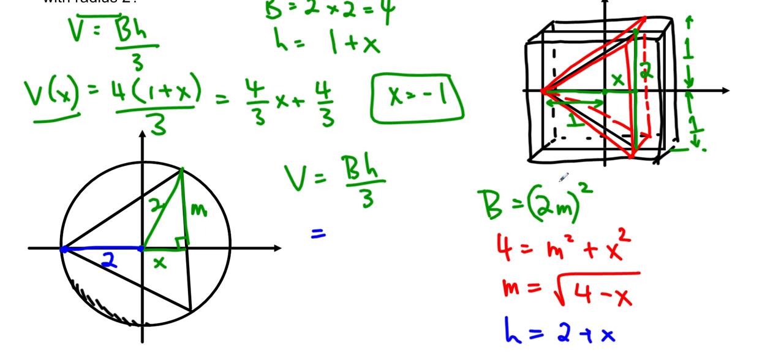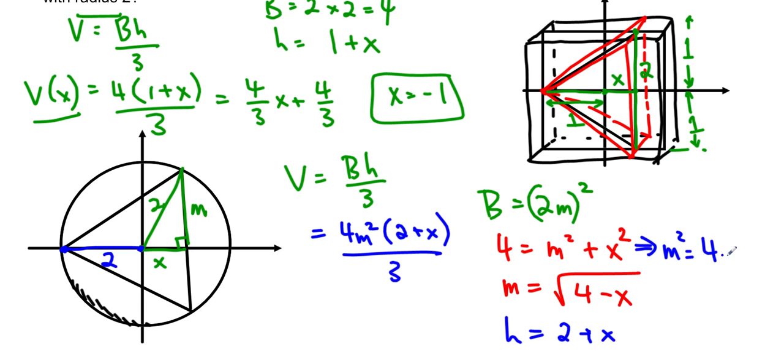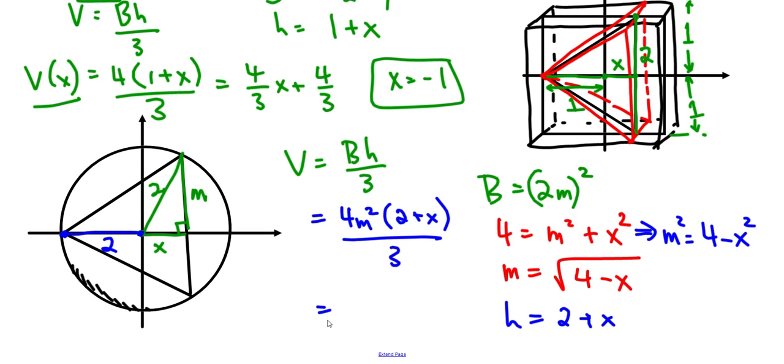We can just fill that into our equation. So 2m squared, which is 4m squared, times 2 plus x over 3. We could have just left it as m squared there, if you like. So we'll just replace the m squared with our 4 minus x squared.